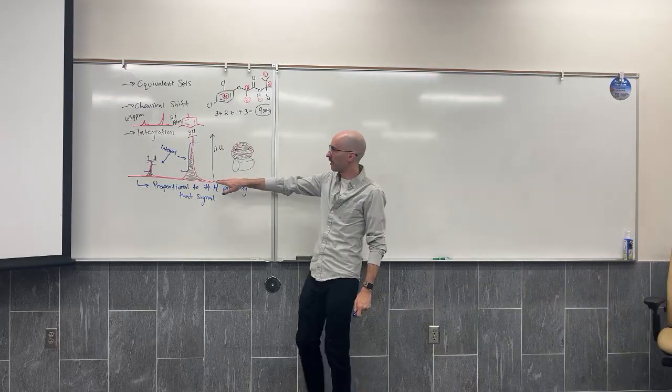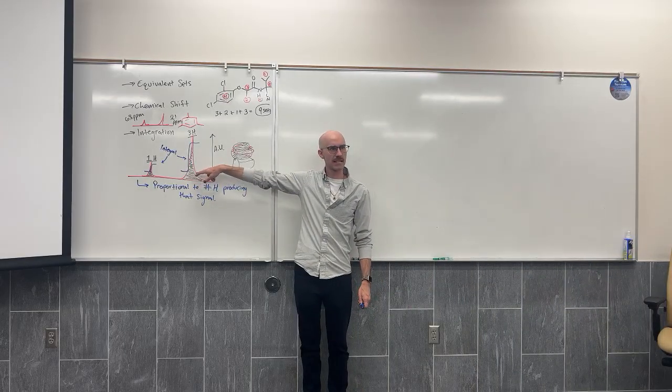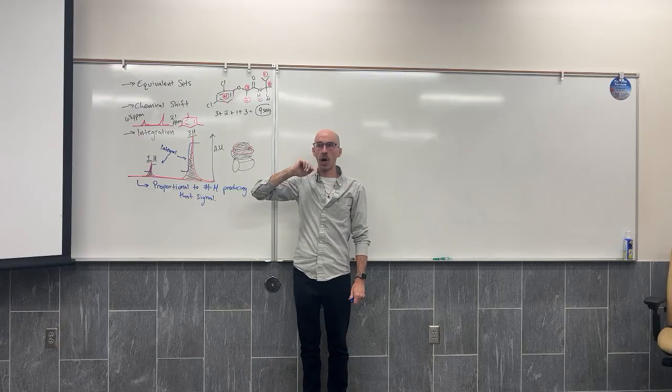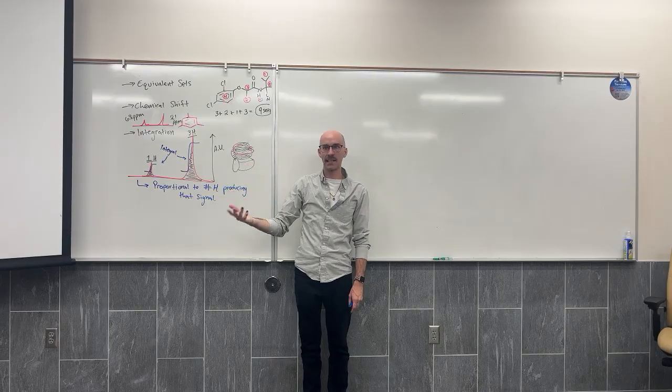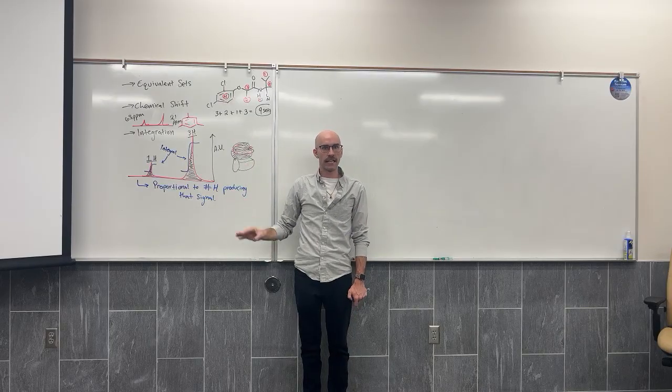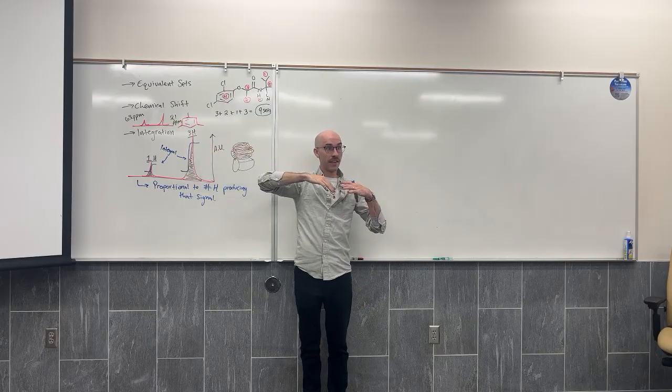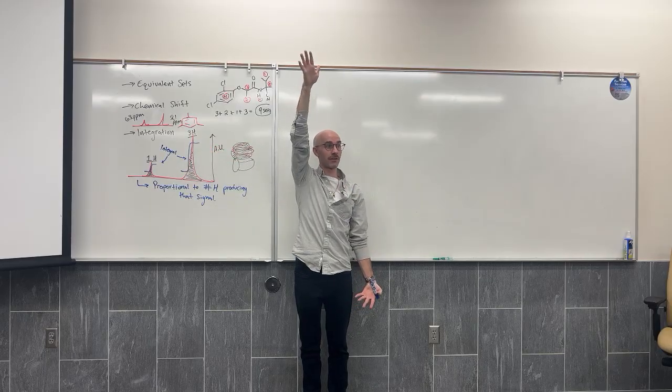Do you guys remember what this signal is the instrument is picking up? It's the frequency of the radios. Yes, it's radio wave frequency light that the nuclei are emitting as they relax after the magnetic field. If I have more nuclei emitting the same frequency, then that frequency is louder.